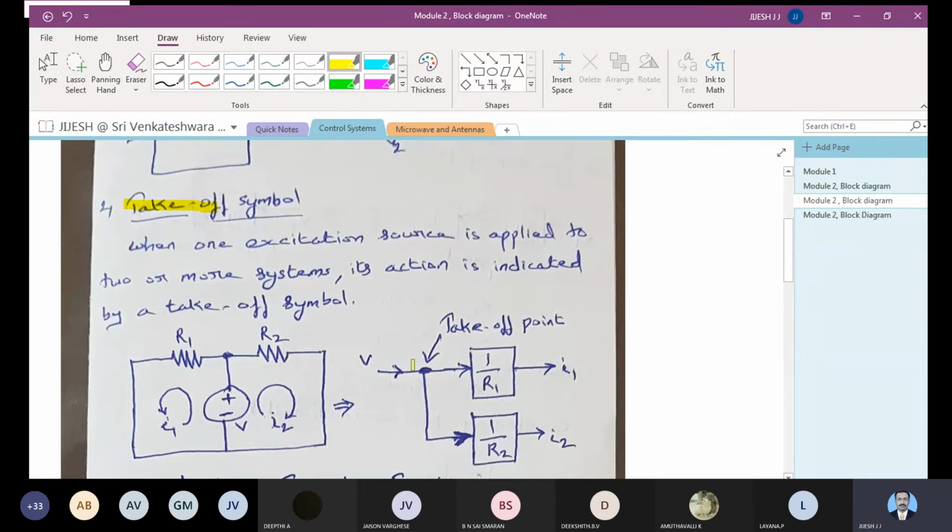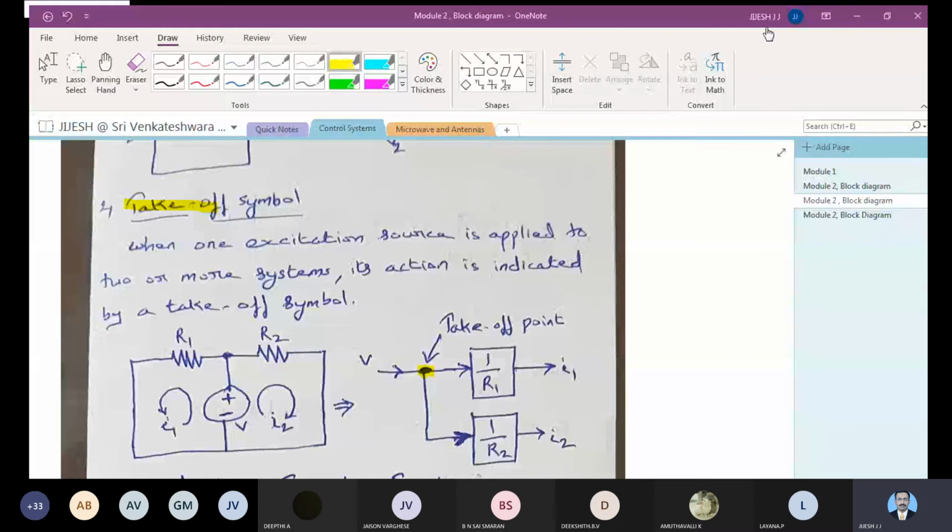So this is what we understood till now, and those who have not attended the classes for today are not going to understand this block diagram reduction further. It's very difficult for them to understand further. So first you have to understand these things: what is a takeoff point and what do you mean by summer?